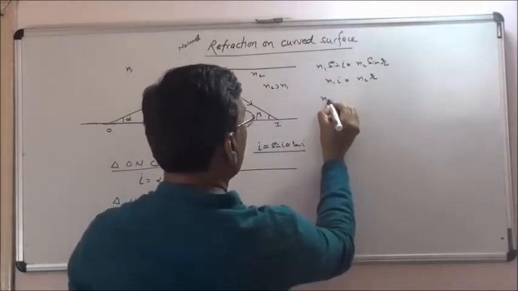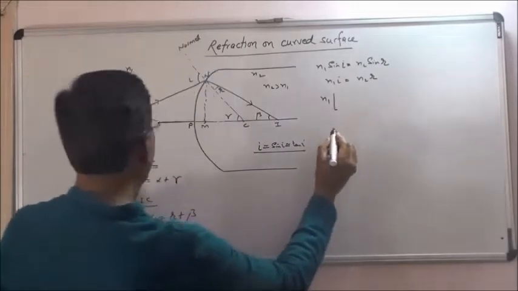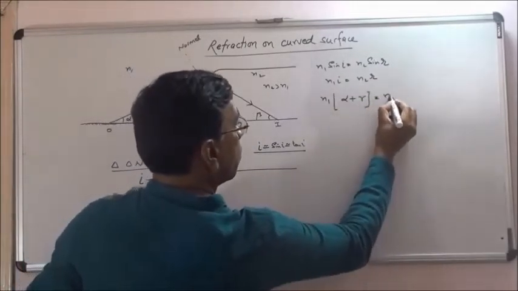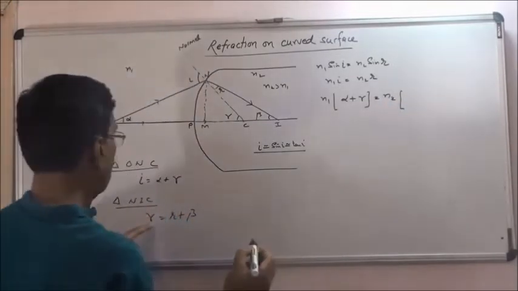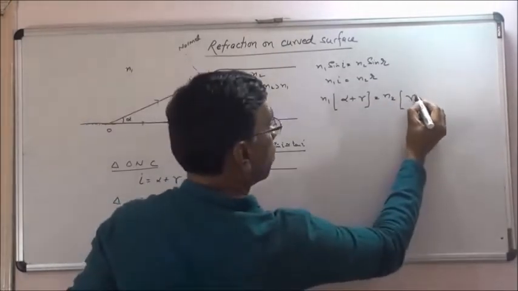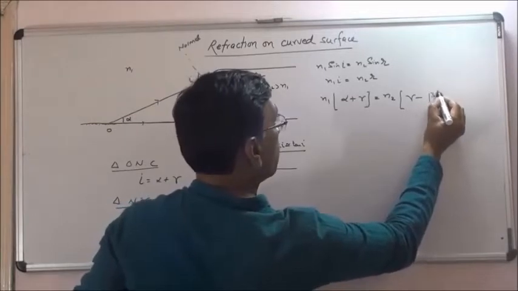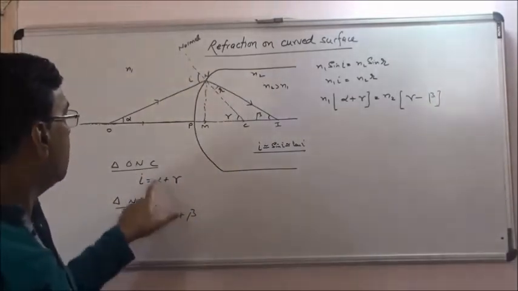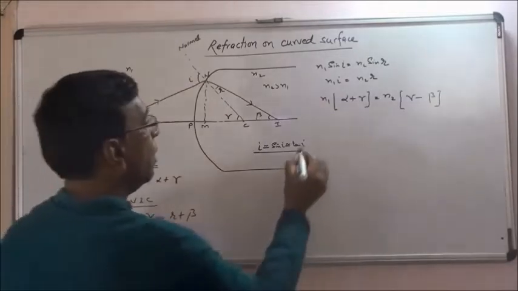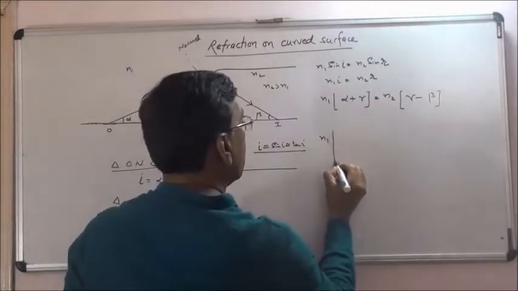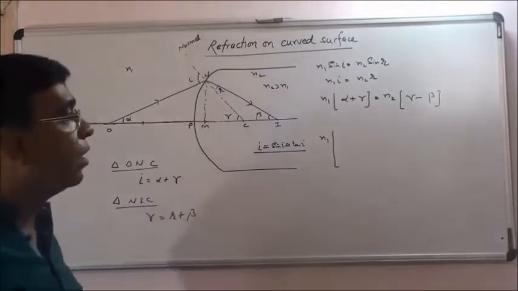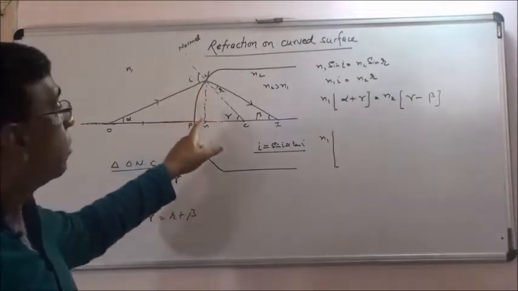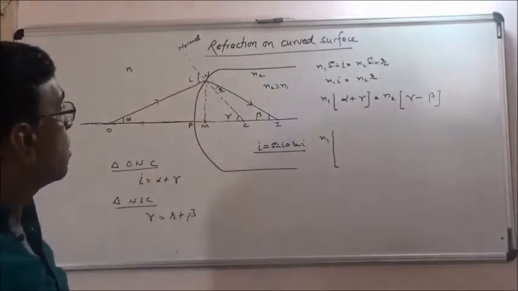So N1 I is alpha plus gamma, and N2 R is gamma minus beta. R is gamma minus beta, I is alpha plus gamma. And now let me write alpha, beta and gamma in terms of these distances.